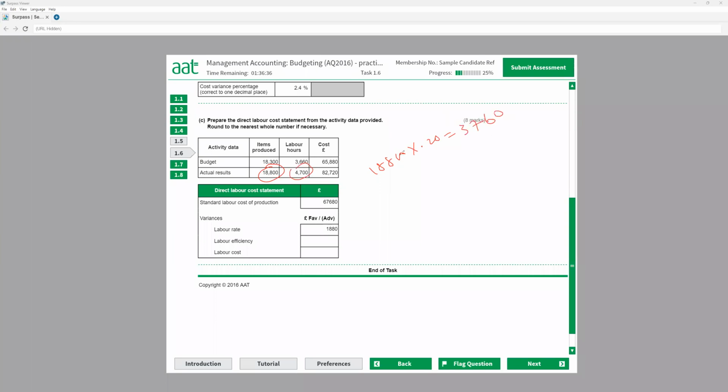But actually, we have used 4,700 hours. So we have used 940 hours more. That's the adverse. And you have to multiply with the standard rate, which is 18. Times by 18. And my efficiency variance is adverse 16,920.